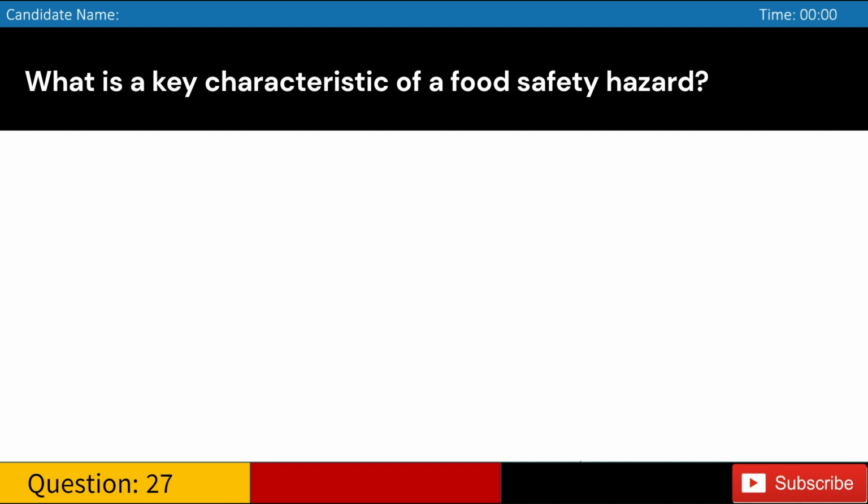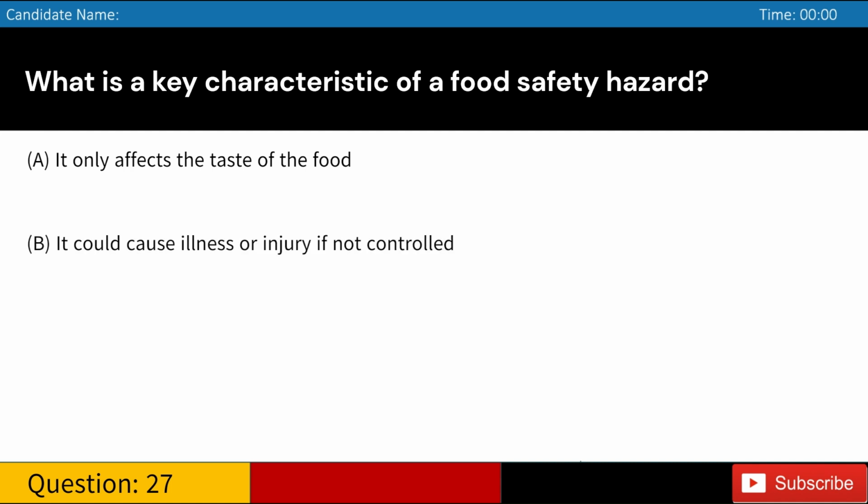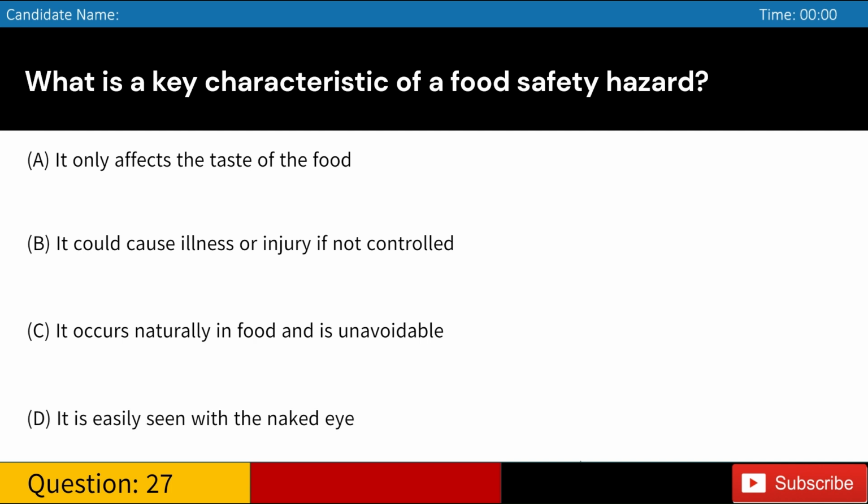What is a key characteristic of a food safety hazard? A. It only affects the taste of the food. B. It could cause illness or injury if not controlled. C. It occurs naturally in food and is unavoidable. D. It is easily seen with the naked eye. Answer B. It could cause illness or injury if not controlled.